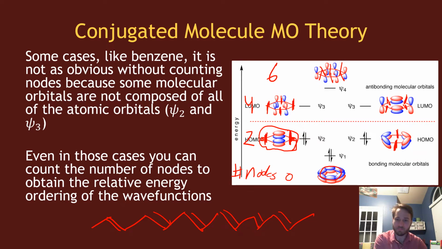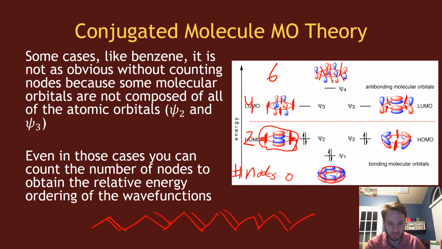And it's not obvious to think, oh, that will be a molecular orbital, off the top of our head. And so this is where things like Huckel MO theory would come into play to be able to predict what these molecular orbitals look like. And we'll talk more about that in the next video.